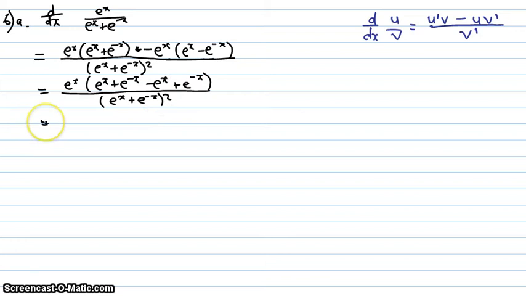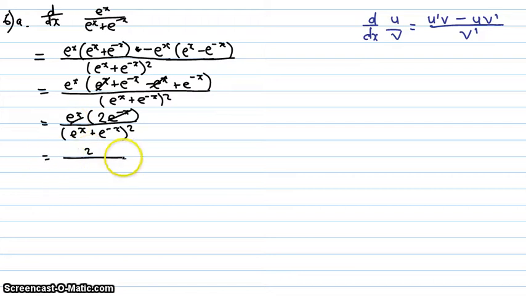You can see this and this cancel out, and I'm left with 2e to the minus x over e to the x plus e to the minus x squared. You can see this and this cancel out, and this leaves us with 2 over e to the x plus e to the minus x. Now you may notice, however, that that's not the final answer given in your answer key.